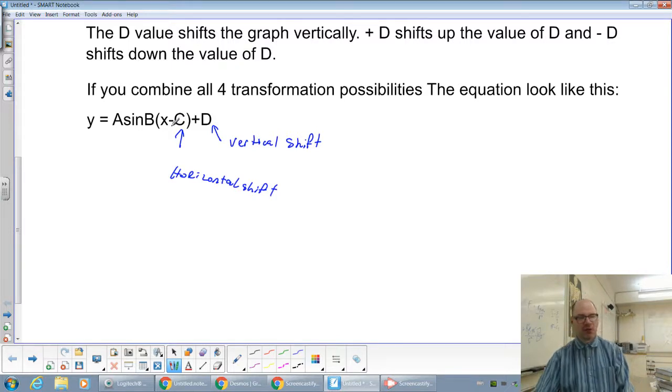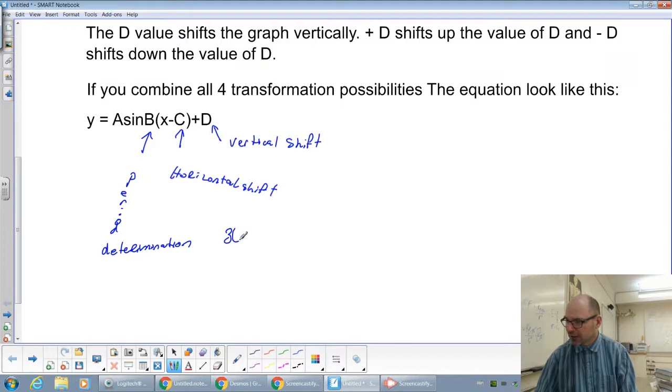So a negative inside the brackets would shift it forward, right. A positive inside the brackets would shift it left. Okay, this is period determination, and we use 360 over B, and this is the amplitude. How high the graph goes.